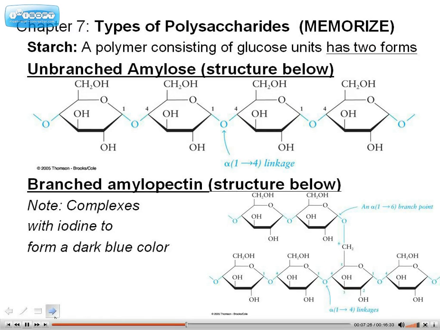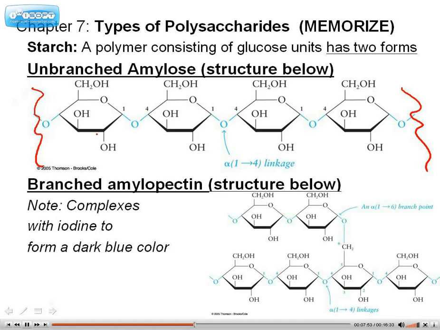Here we have polysaccharides. Now, these chains can go on thousands and thousands of units long. So this is actually just a piece of the very long chain. Think of this as a polymer of monosaccharide sugar units, hence we call this a polysaccharide.